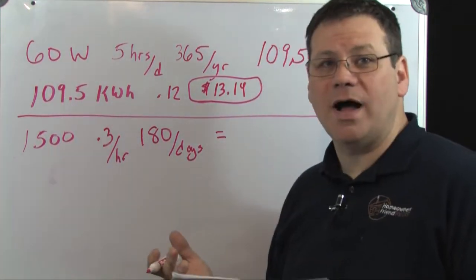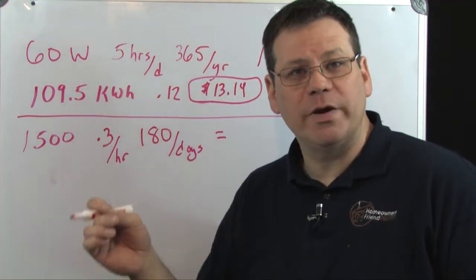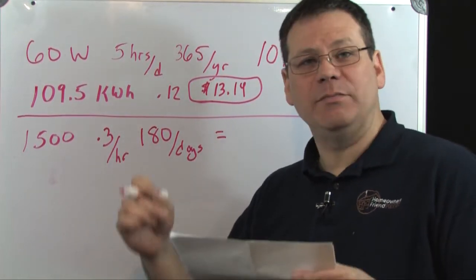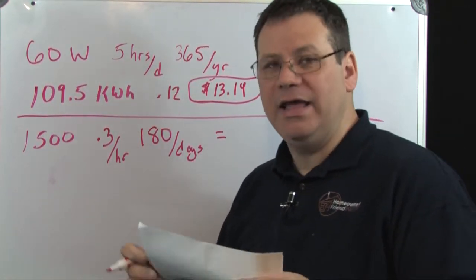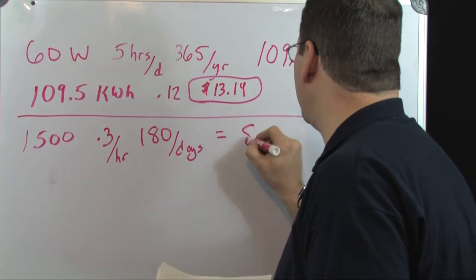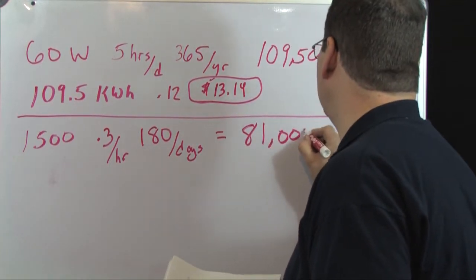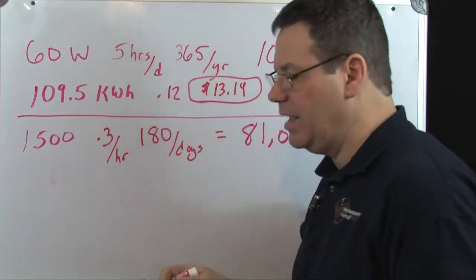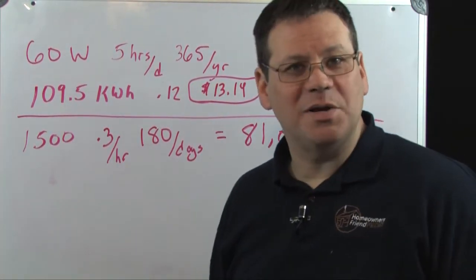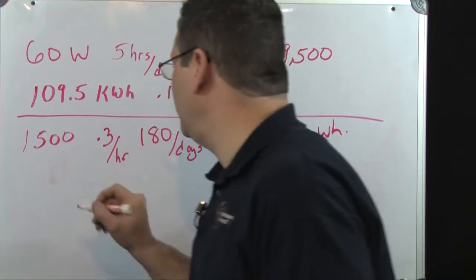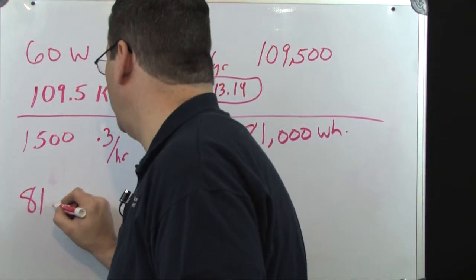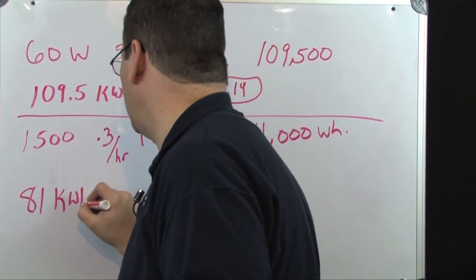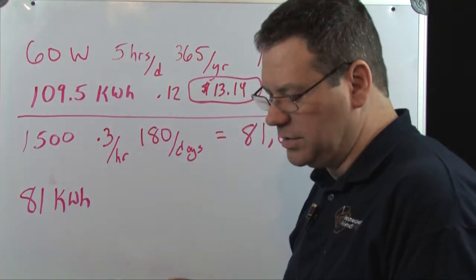So 1,500 watts times 0.3 hours per day times 180 days equals 81,000 watt hours per year. 81,000 watt hours is how many kilowatts? 81 kilowatt hours.